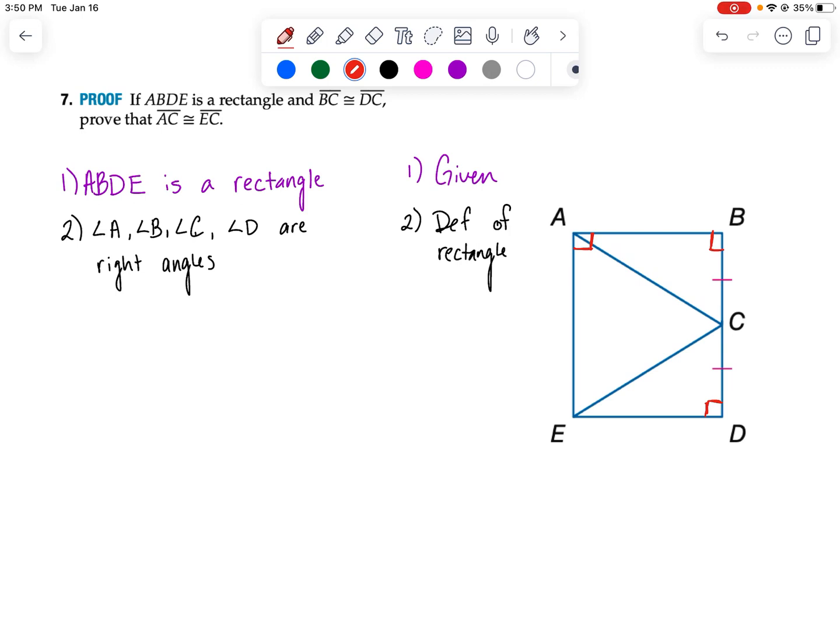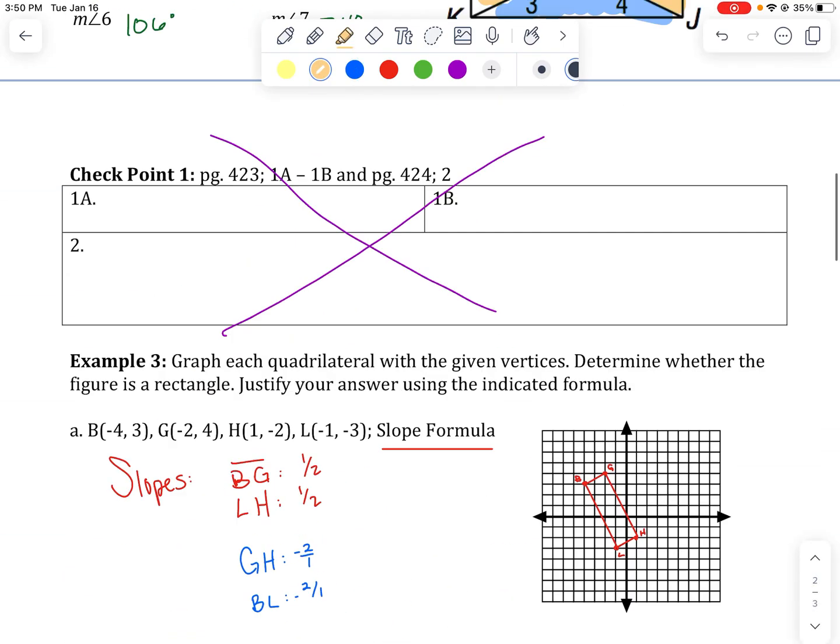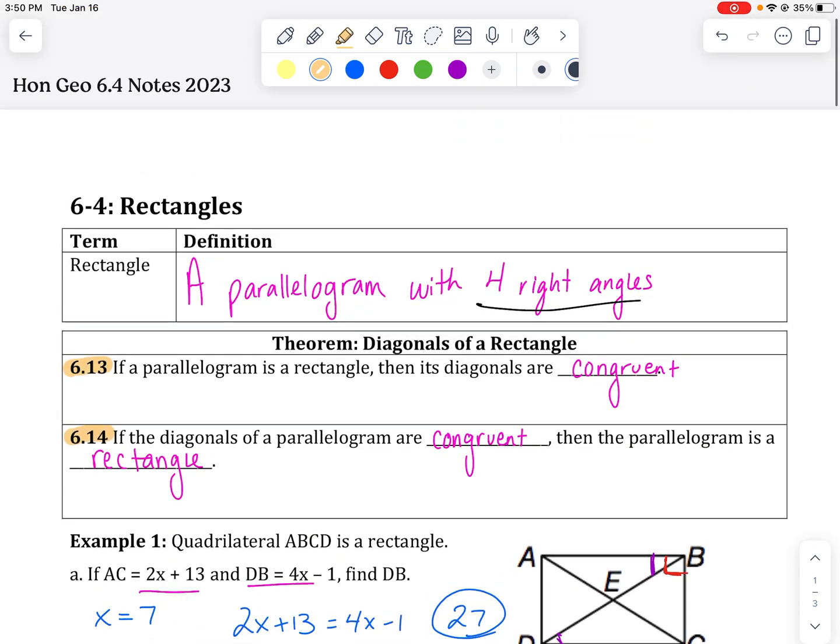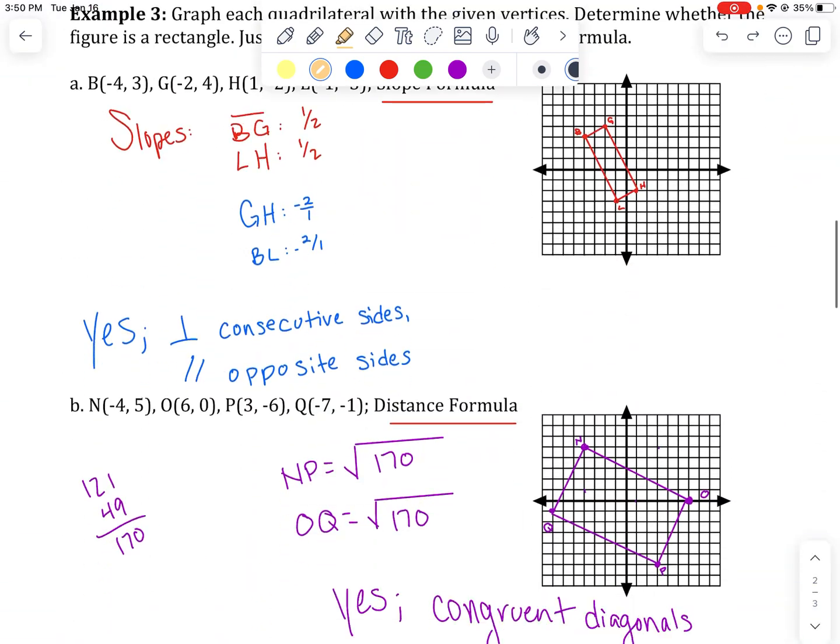Now, let me go back to the idea that it's a parallelogram. If it's a rectangle, by that definition we wrote down earlier, it is a parallelogram with 4 right angles. Well, if it's a parallelogram, then it has some properties that we know from earlier.